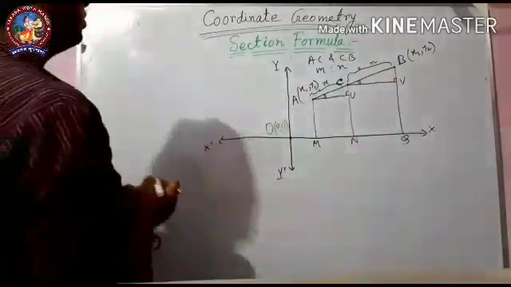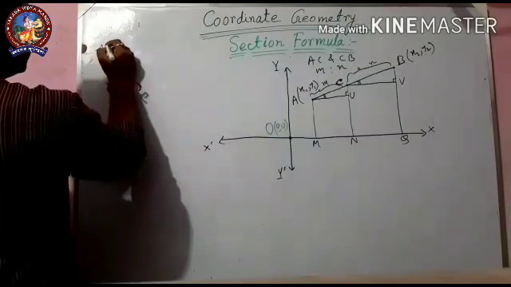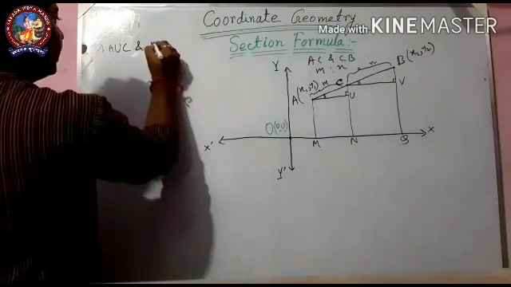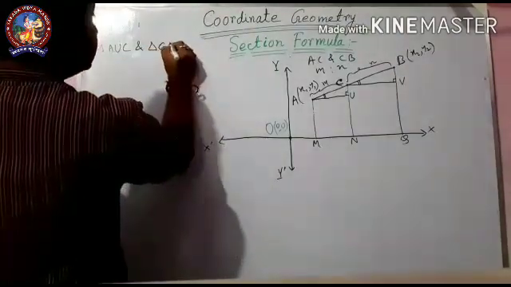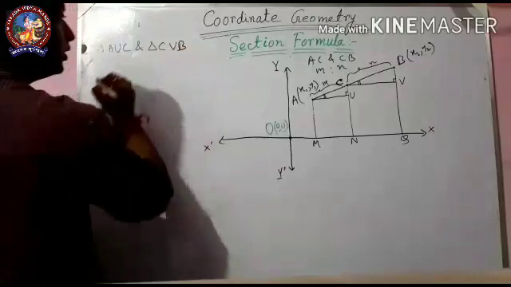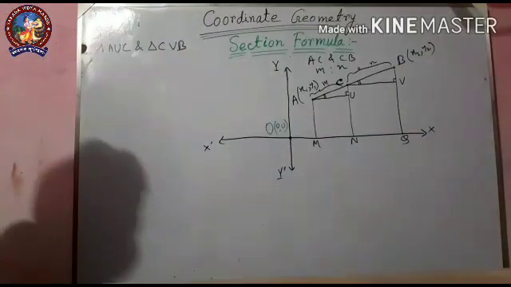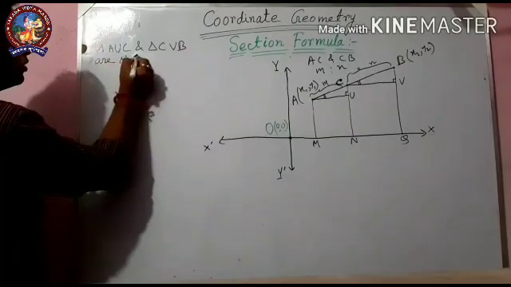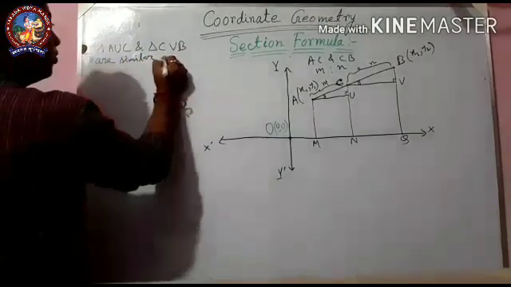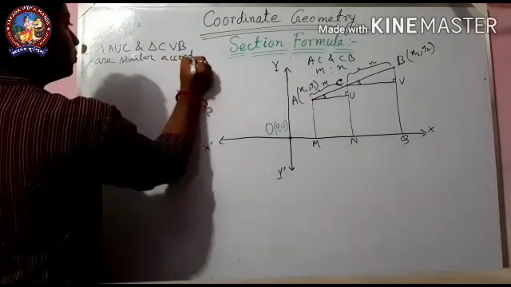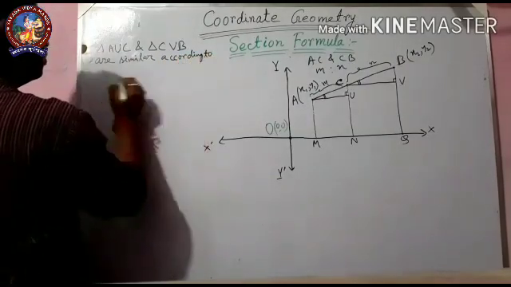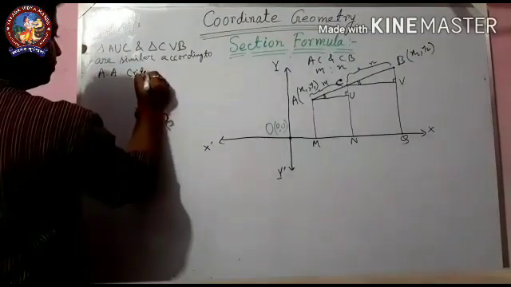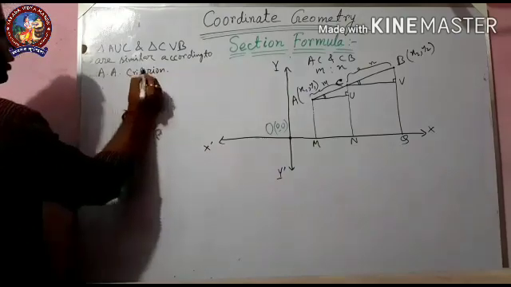So we can say that triangle AUC and triangle CVB are similar according to the angle-angle criteria, right?